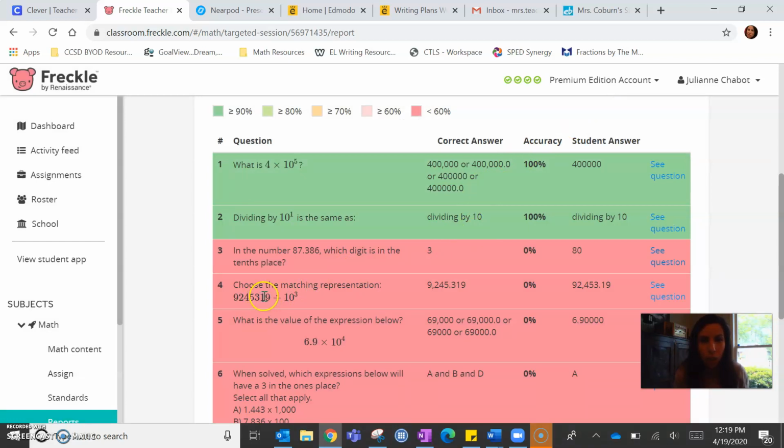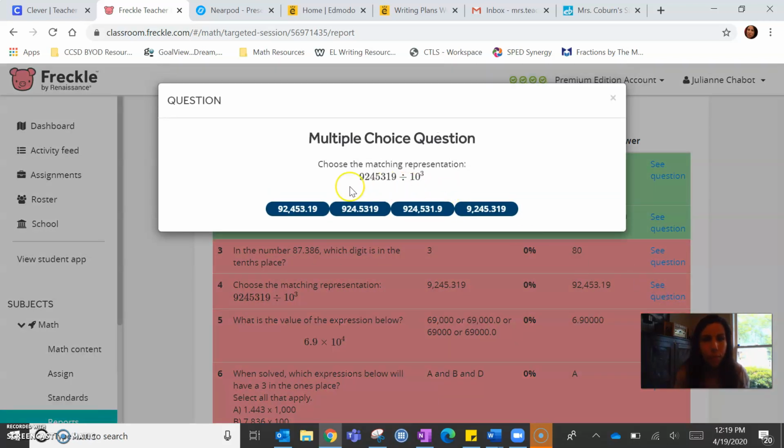Let's see. Choose the matching representation. Okay, let's look at this question. Choose the matching representation for this number right here. Okay, we're looking at Mr. DL again.